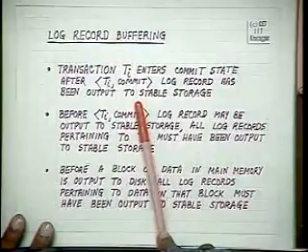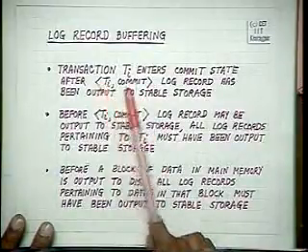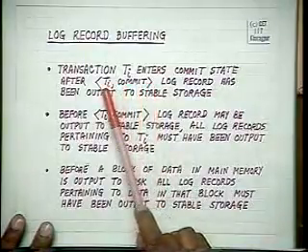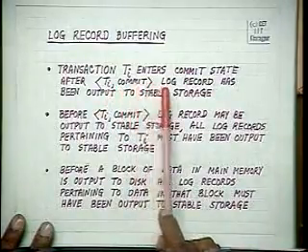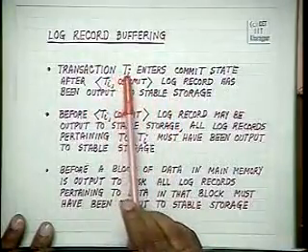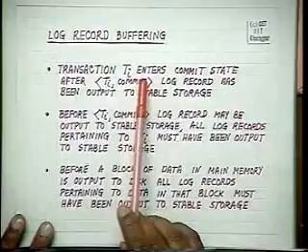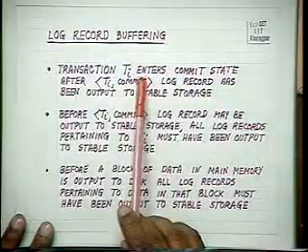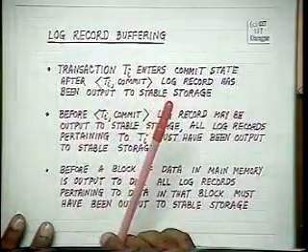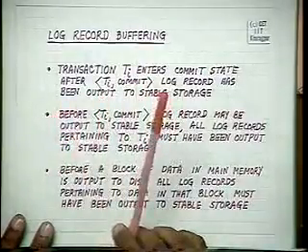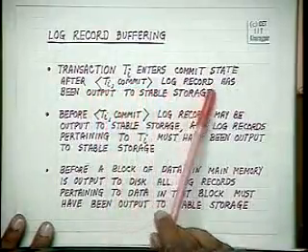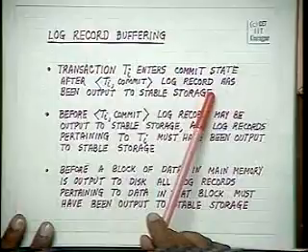It may have written all the items into the database, and yet Ti commit will not be there in the log file. So the Ti commit log record must be output to stable storage before the transaction Ti is actually allowed to commit and complete. So we must either wait till that full block is written onto the stable storage, or we must force output the block which contains this Ti commit log record onto the stable storage.